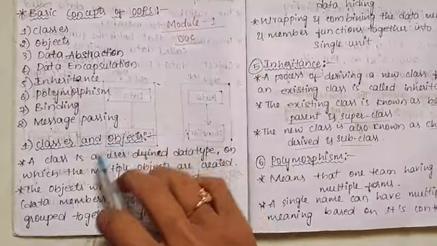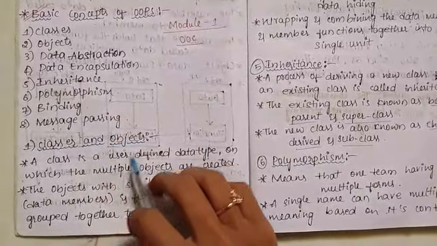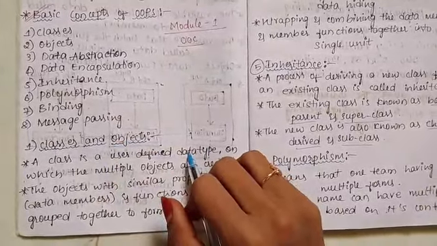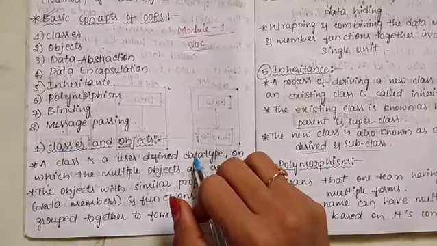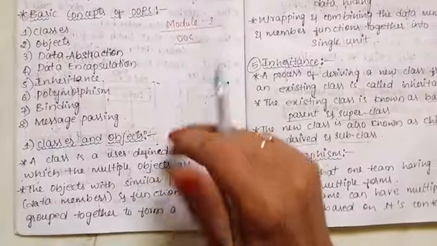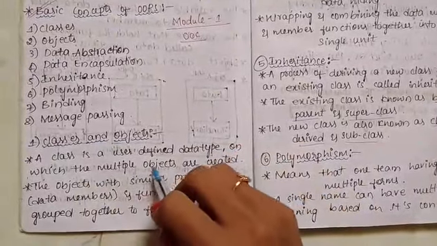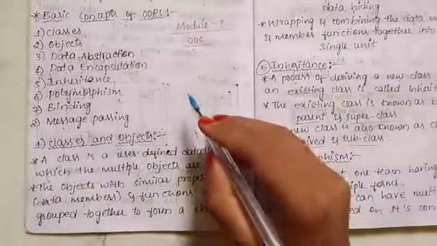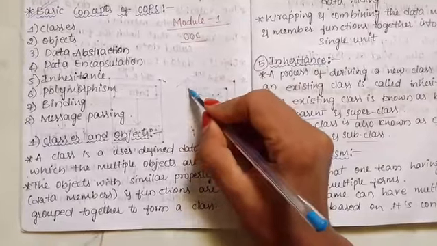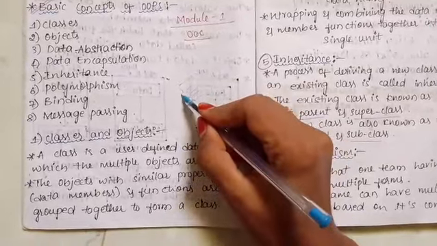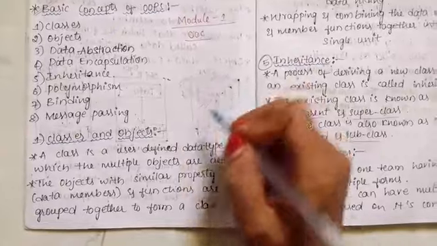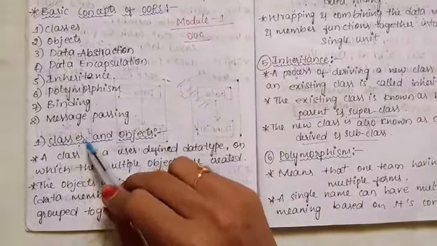Classes and objects. Class is a user-defined data type. In each and every program, we will see one class, a user-defined data type, from which multiple objects are created. In that single class, we can create multiple objects. That is what is meant by class.